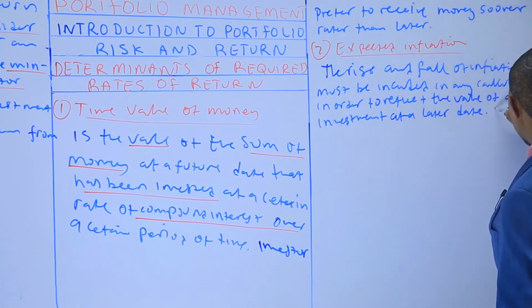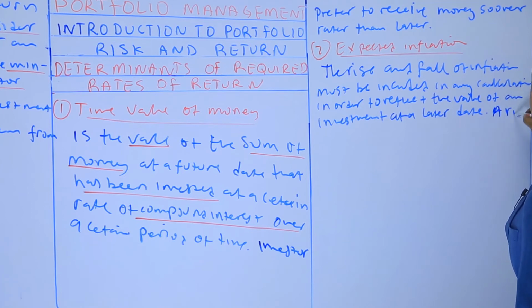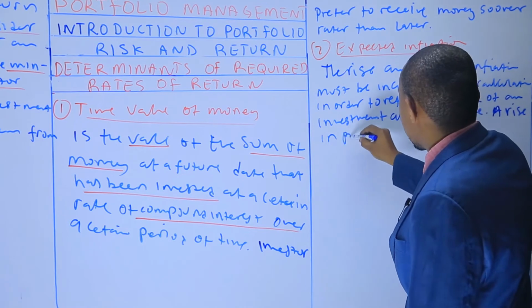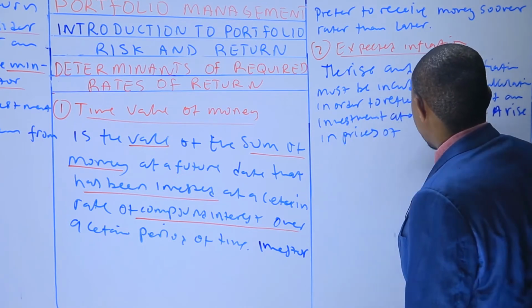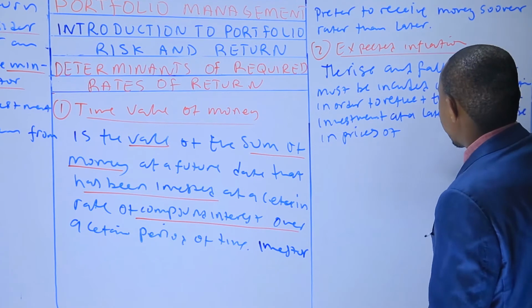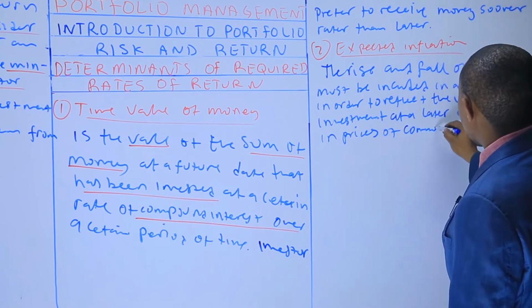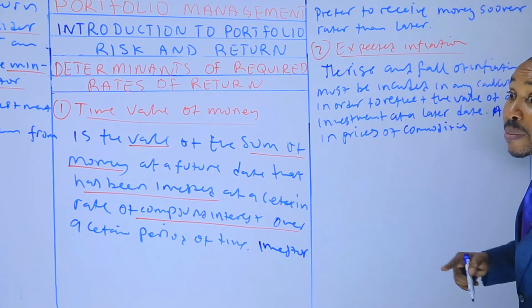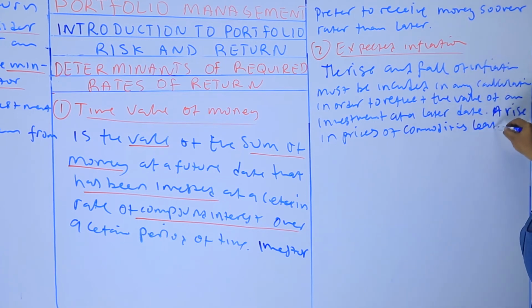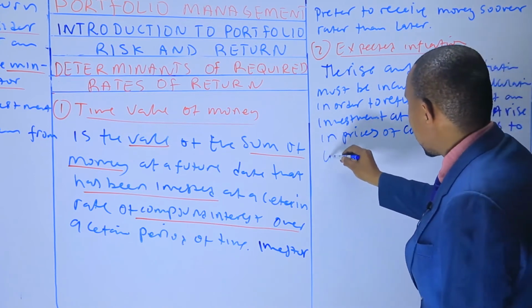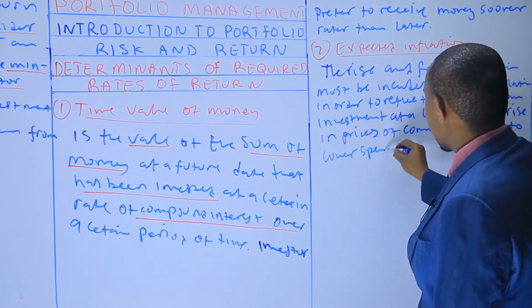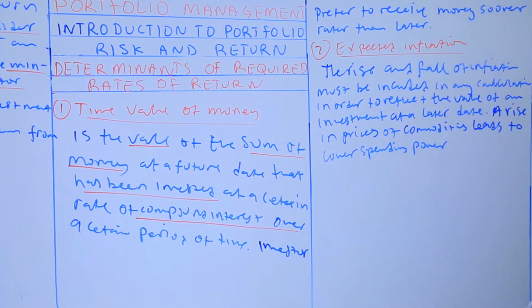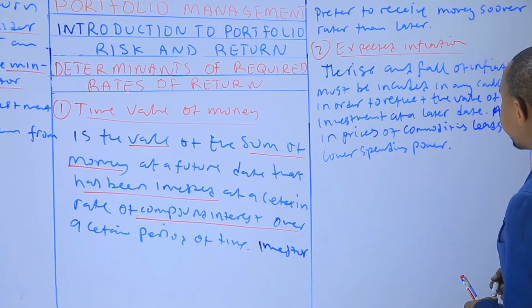A rise in prices, a rise in the general price of commodities, leads to lower spending power, and vice versa.